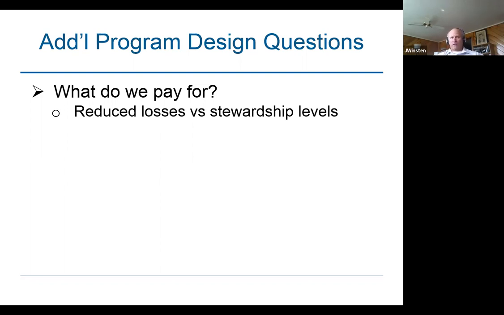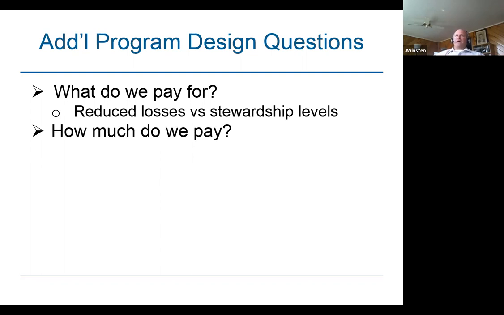And that's great. But you need to recognize it's less cost effective, and it may not get us to our goal as quickly, right? Can we have both, paying for reduced losses and stewardship levels? We can, and we did that in Vermont. It just needs to be designed carefully, and the pros and cons need to be recognized.